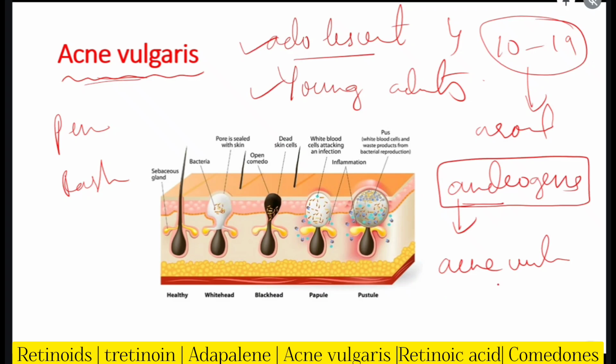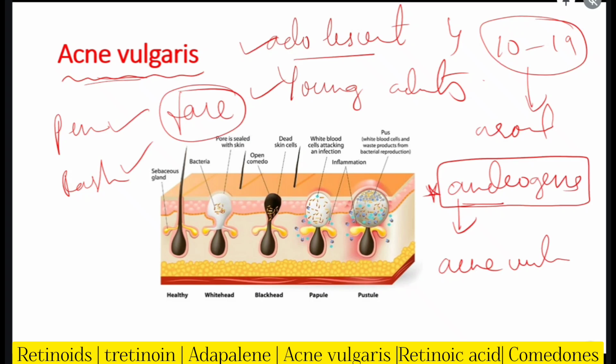I'll explain the exact mechanism of how adolescent patients develop acne vulgaris and how androgens aggravate this condition. Acne vulgaris is a dermatological inflammatory condition characterized by pimples and rash on the skin, especially on the face.